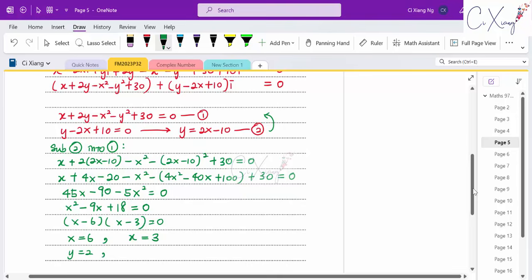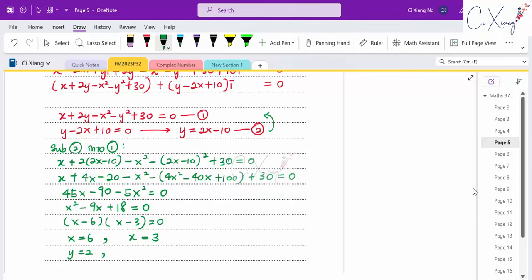Then substituting x equals 3, your value of y will be negative 4. After we get the values of x and y, please write your final answer of z in complex number form. So z can be two values: either 6 plus 2i or 3 minus 4i.